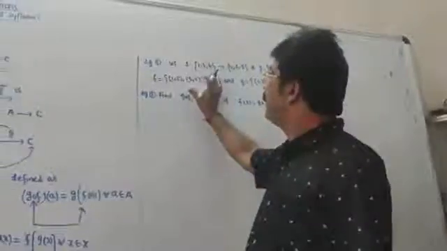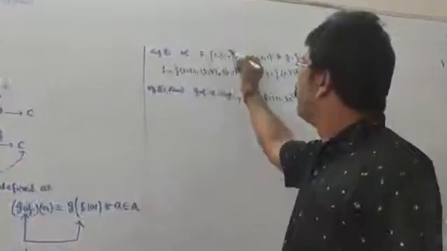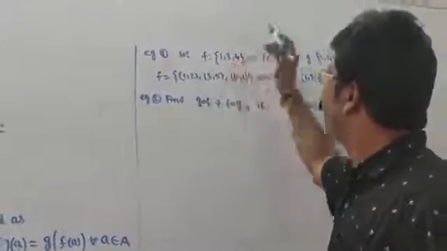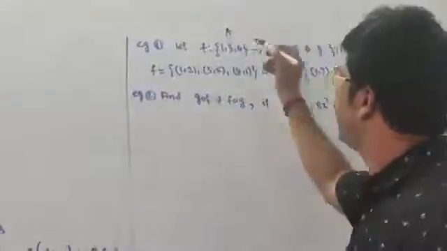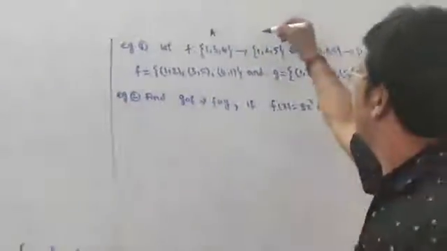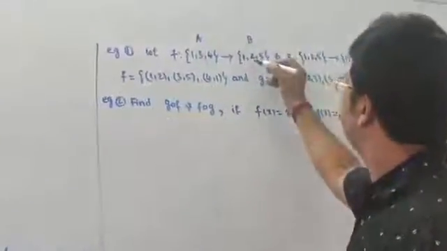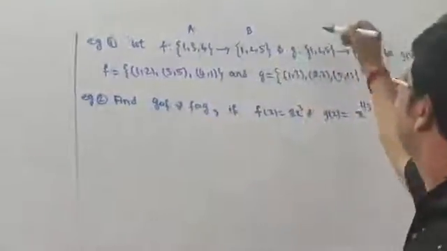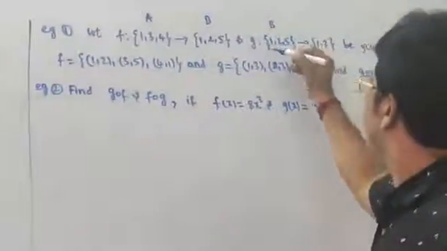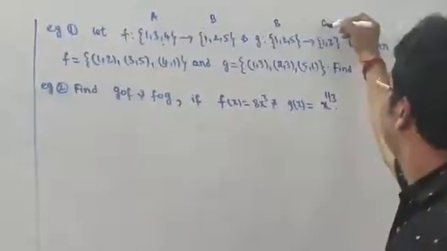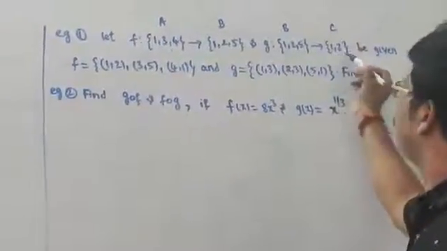Okay. One small application. Let F be from the set {1, 3, 4}, let it be capital A domain, to capital B, the set {1 to 5}. G is from capital B, the set {1 to 5}, to C, the set {1, 3}.